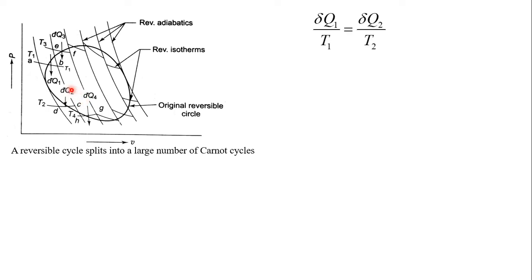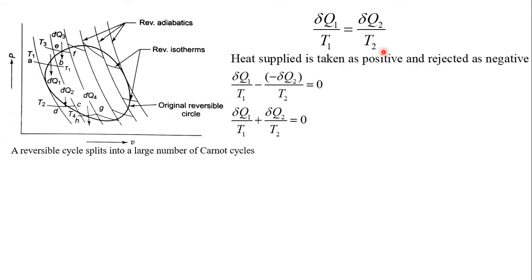So what we can write now is, this equation we had studied previously in the thermodynamic temperature scale: delta Q1 upon T1 equals delta Q2 upon T2. So the small amount of heat added divided by T1 is equal to the small amount of heat Q2 by T2. This we had studied in the absolute thermodynamic temperature scale.